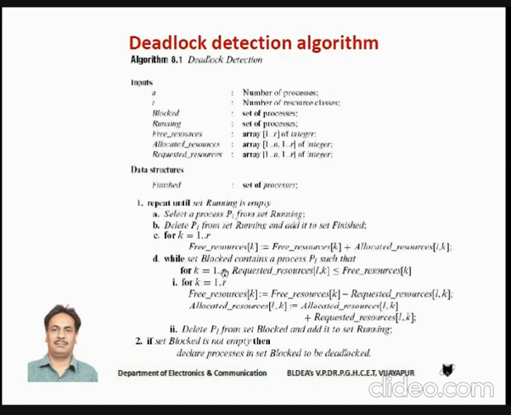But before that, we have to again update the free resources. Now you are allocating resources to process Pl. When you allocate resources to Pl, the free resources should be updated as free resources equal to free resources minus the requested resources by the process Pl. Here, when the resources are allocated, we carry out subtraction.